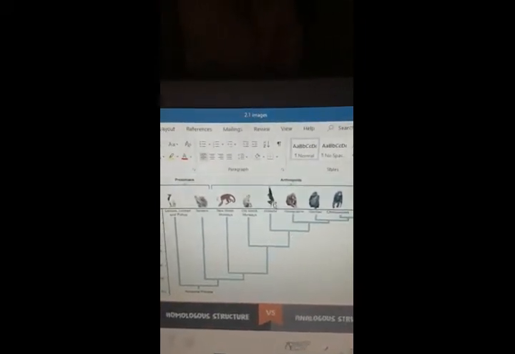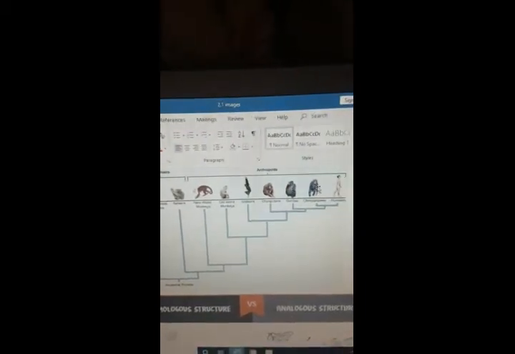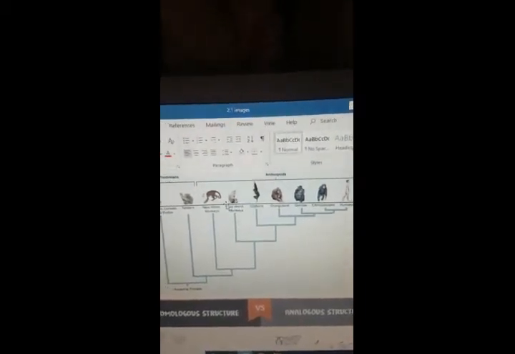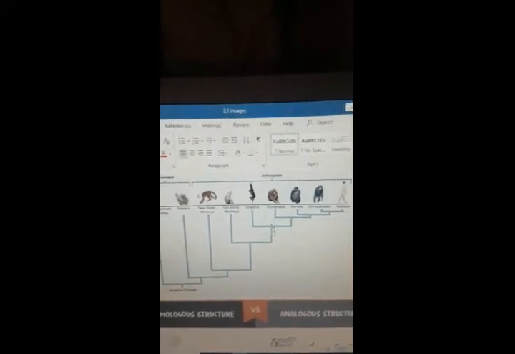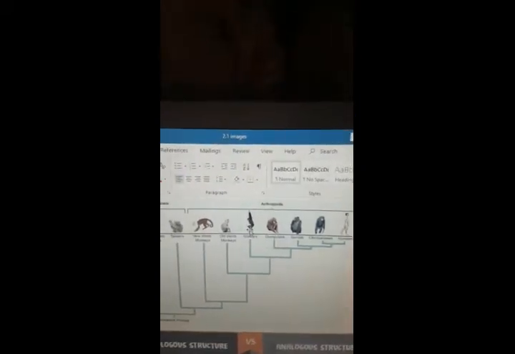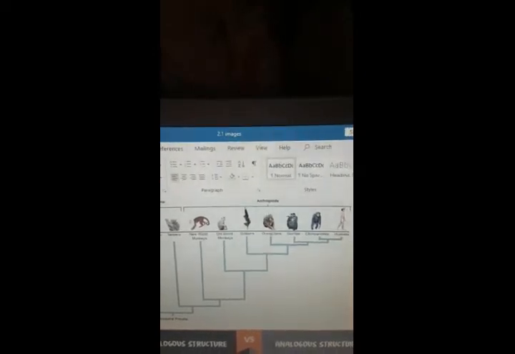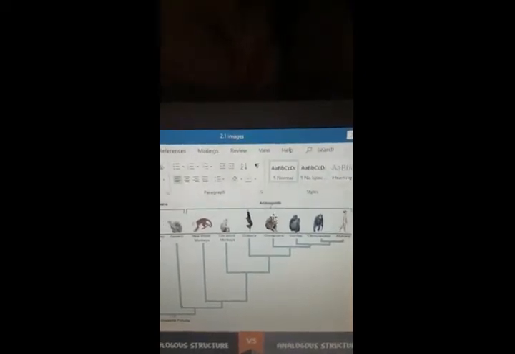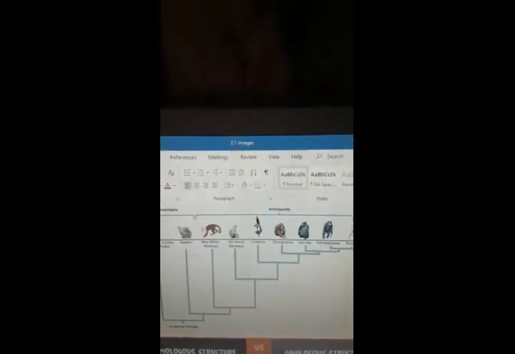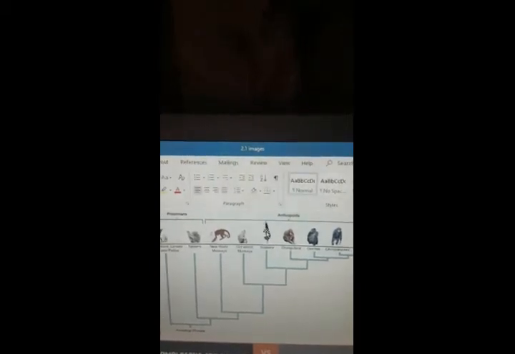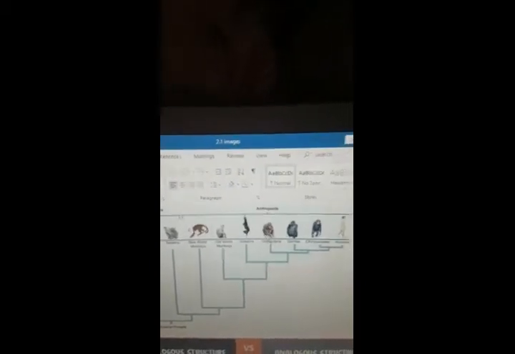So in other words, gibbons share a more recent common ancestor with the great apes than the Old World monkeys do. And because they share a more recent common ancestor, they are more closely related to us in the classification system. Therefore, they're put in the same family, just reiterating the fact that classification must reflect evolution.